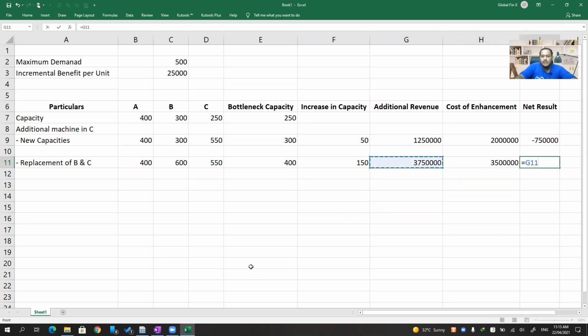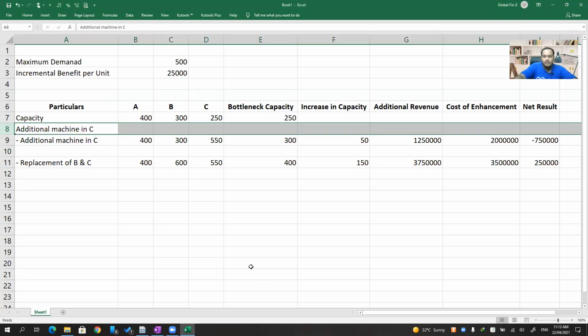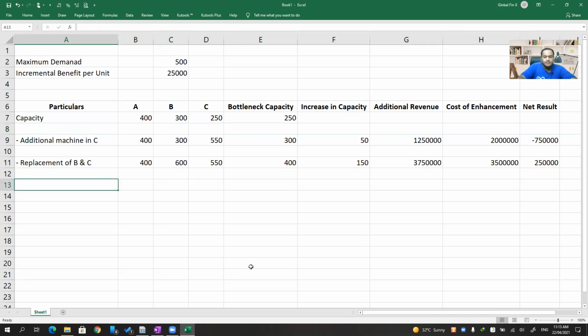So the net result: additional revenue is 3.75, cost is 3.5. So we get a net profit of 250,000 if we replace both B and C. Good.